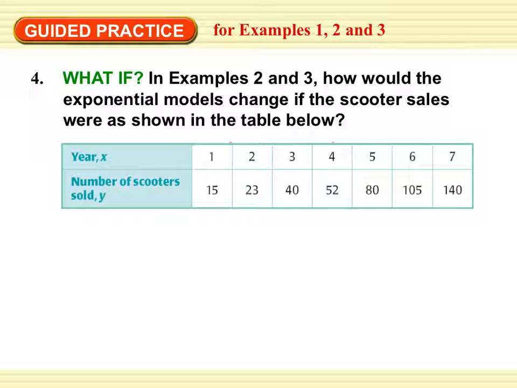What if, in examples 2 and 3, how would the exponential models change if the scooter sales were shown in the table below? I'm going to go ahead and do an exponential regression. Okay? I just did the exponential regression, which you might want to practice.